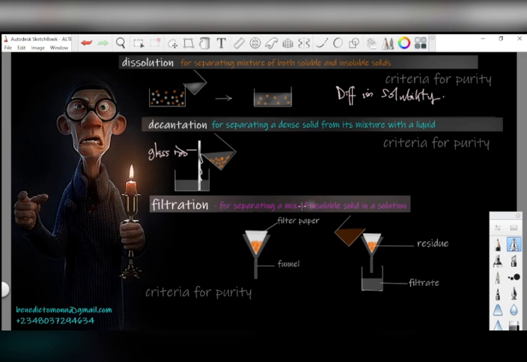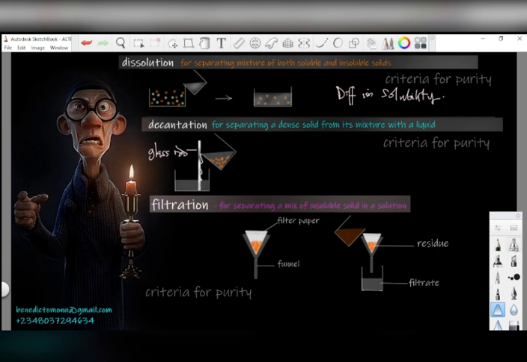Filtration is for separating a mix of insoluble solid that is in a solution. What it looks like when you separate using filtration, you have a filter paper inside of a funnel. Now, this is your mix containing the insoluble solid in a solution.